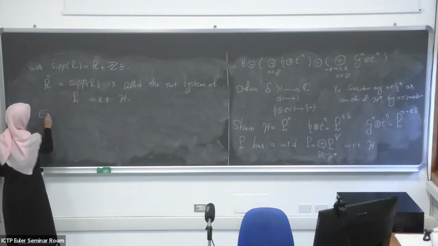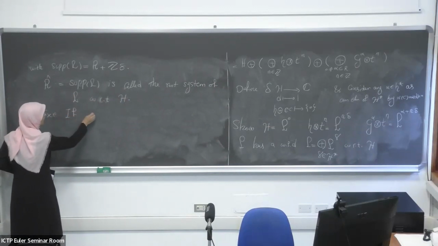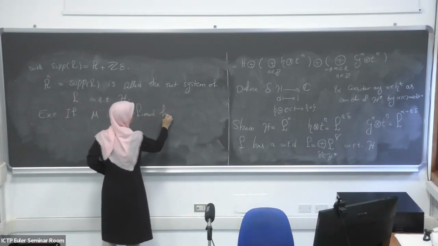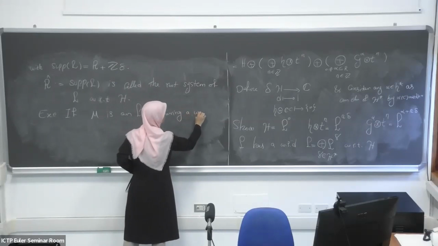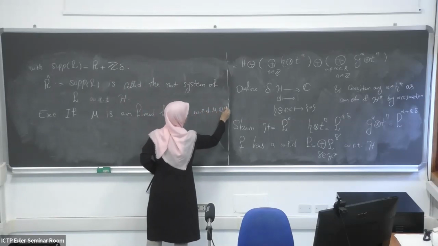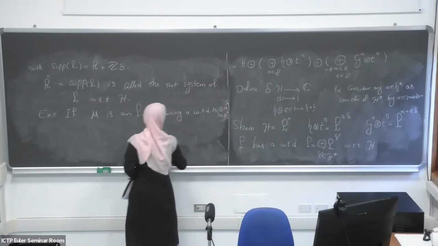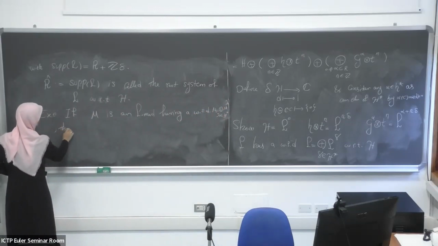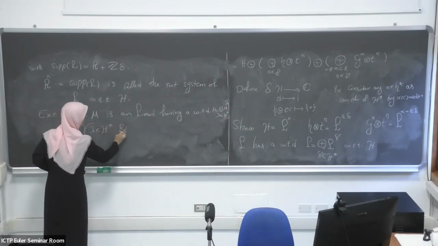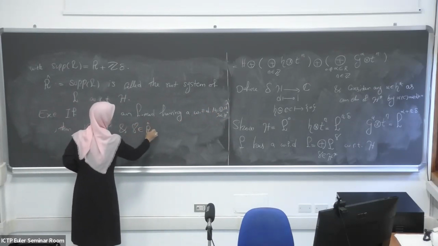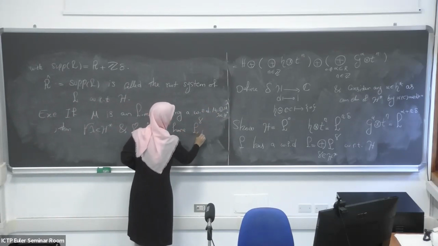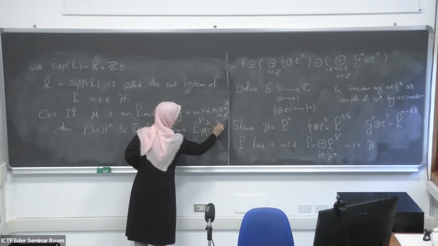As an exercise, show that if M is an L module having a weighted space decomposition, M equals the sum of M lambda, then for each lambda belonging to H star and gamma belongs to R hat, we have L gamma M lambda is a subset of M lambda plus gamma.